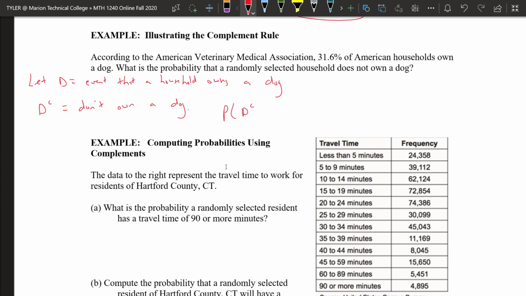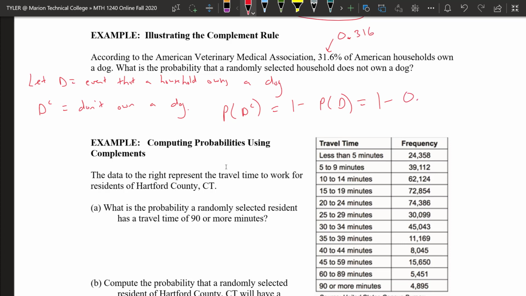So the probability of D complement would be equal to 1 minus the probability of D, using the equation from above. So this would be equal to 1 minus, so this 31.6% as a decimal would be, excuse me, 0.316.